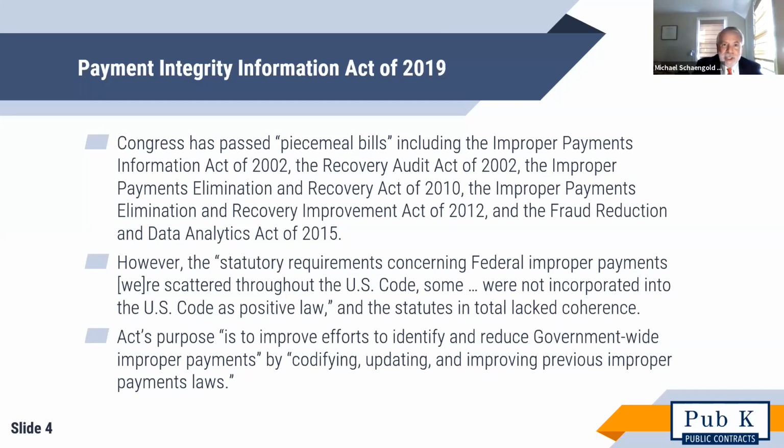So to improve the coherence of improper payments laws, and also to improve agency compliance, the Act repeals the previous improper payments laws and combines the language of each into a new subchapter 4 of Chapter 33 in U.S. Code Title 31. The Act also, quote, omits areas of duplication and allegedly improves and updates areas that warrant attention.